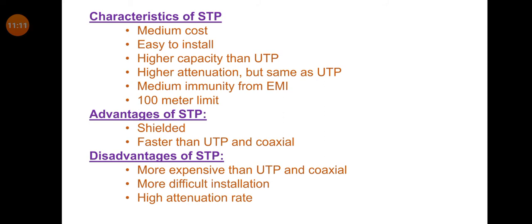Because whenever you connect one wire to another wire to increase its distance, you need to cut many of the layers, so it is not easy to install. The last one is high attenuation rate. Like coaxial cable and UTP, it also has a high attenuation rate, and that is a disadvantage.